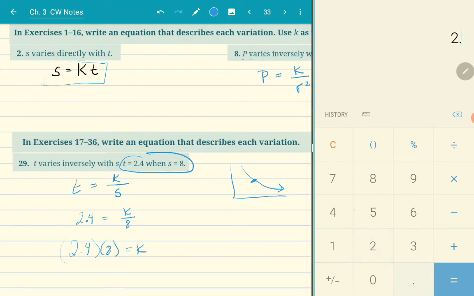So 2.4 times 8. So k equals 19.2. And once I have k, I have this full equation because t and s are both variables. So I just replaced the k with the constant I just found, and there's my equation to describe this variation.